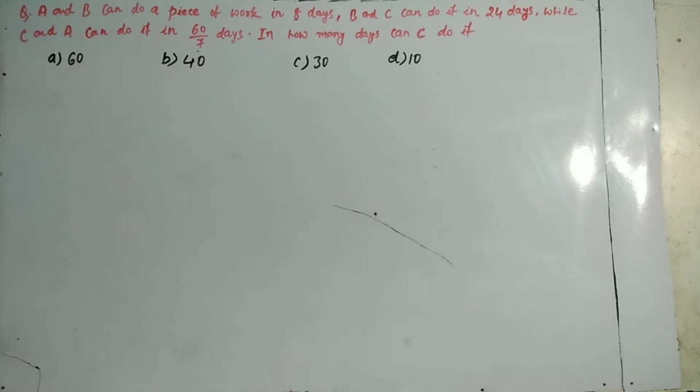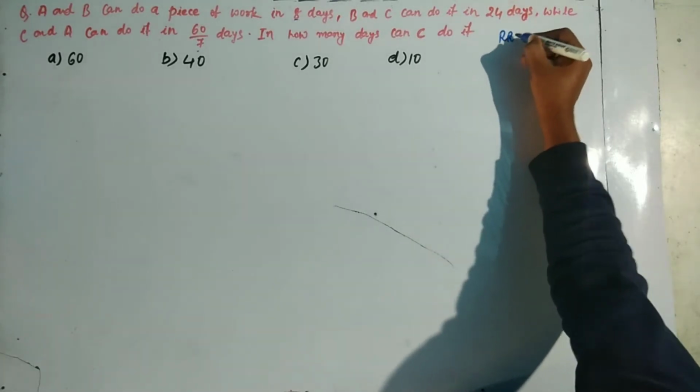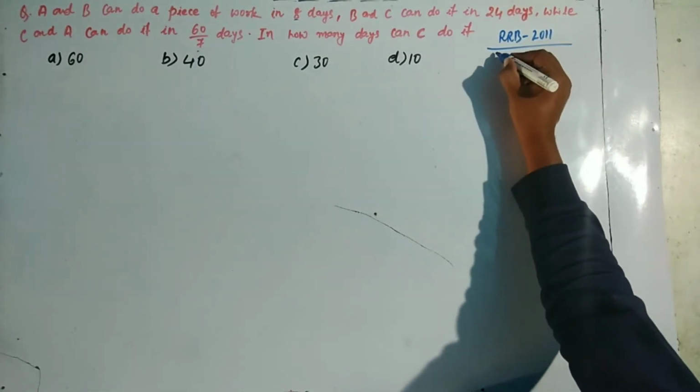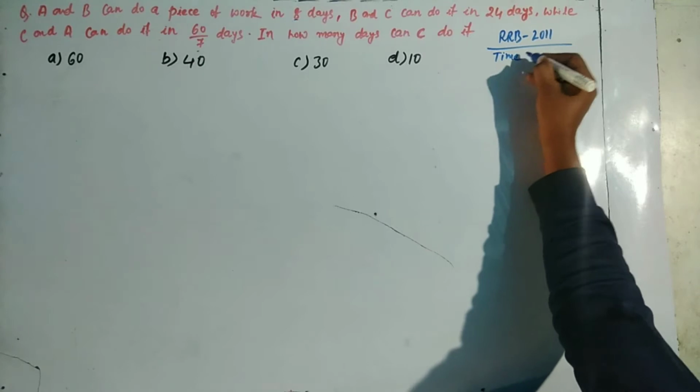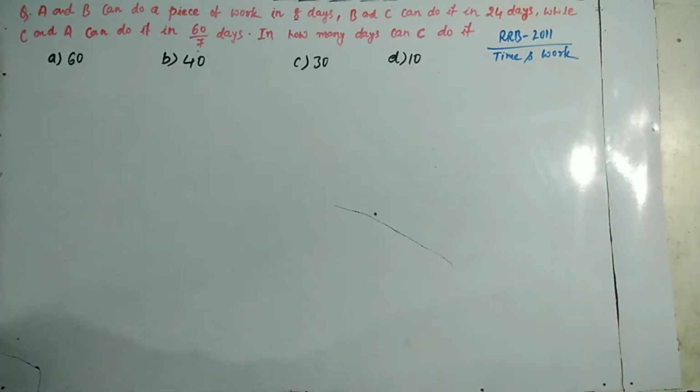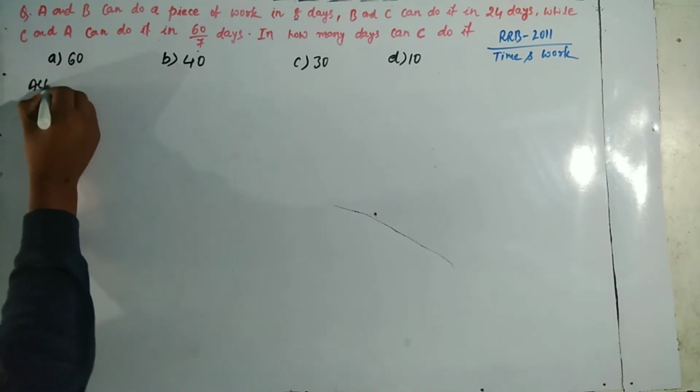So, in how many days does only C complete the work? This question was asked in RRB 2011 and is from the time and work chapter.